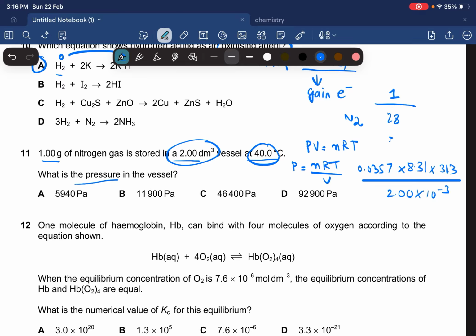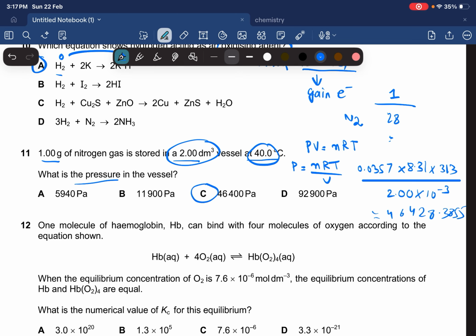So 0.0357 times 8.31 times 313 upon 2.00 into 10 exponent negative 3. And I get 4642.3855 pascals, which is option number C, right?